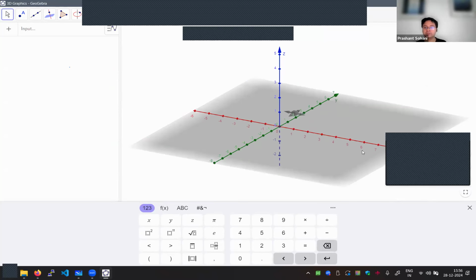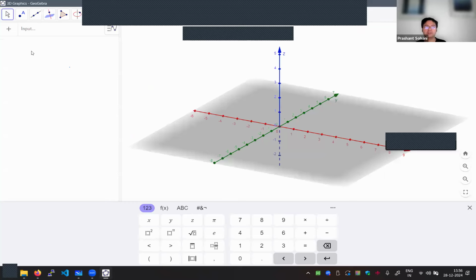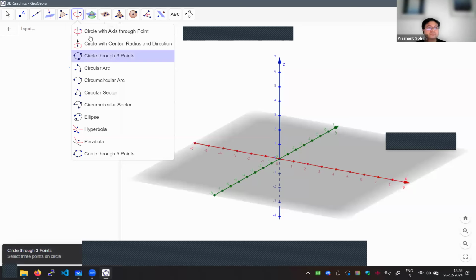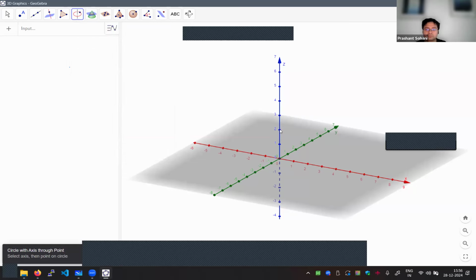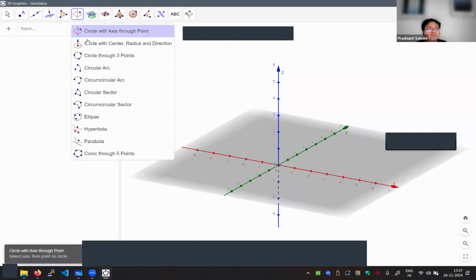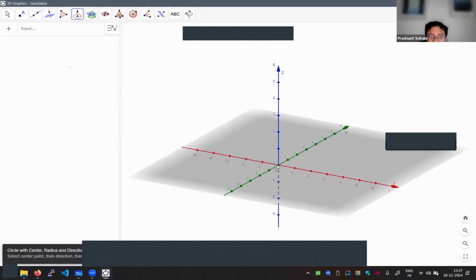Okay, so imagine that this bottom surface is the screen, and I'm going to cast the shadow from the top. Sorry, I'm not able to use this.